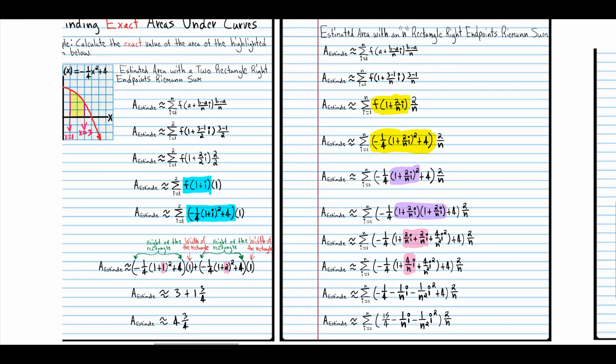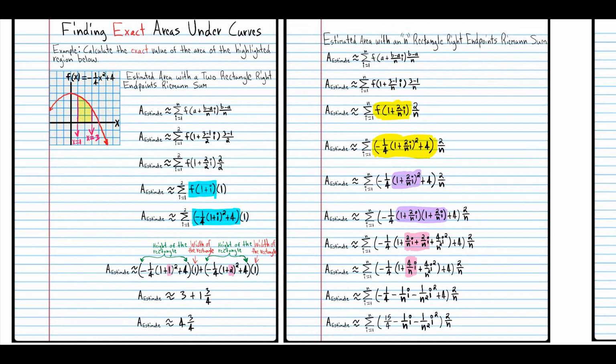Be careful that you know what's going on here before we continue, because the math is about to get pretty complicated. Now, I want to tell you something really important. I want you to listen very carefully. What we're about to do is the difficult way to find the area under a curve, the exact area.